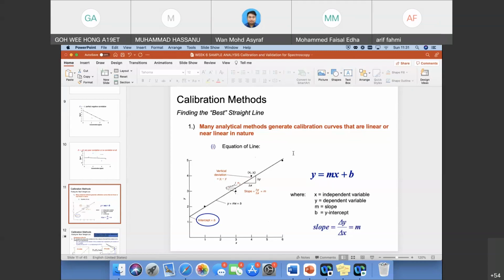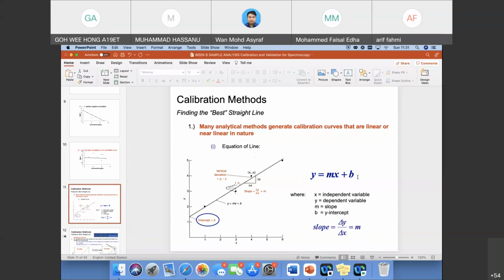So for this straight line, when you have r square equal to 0.99 something, you have an equation of the line, which is y equals mx plus b. I think you have come across this equation during your secondary school.